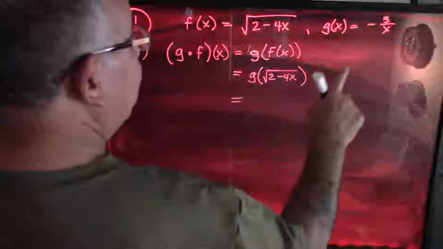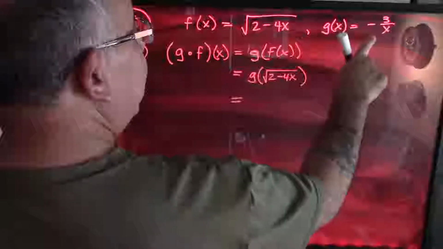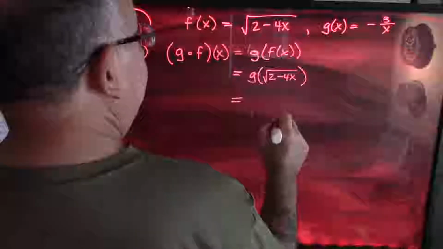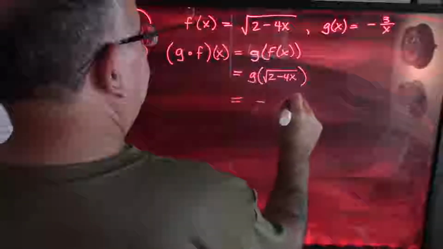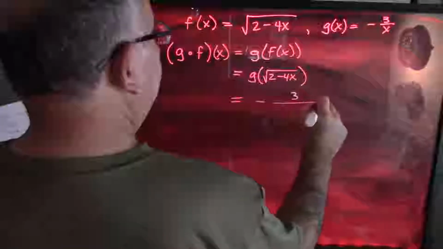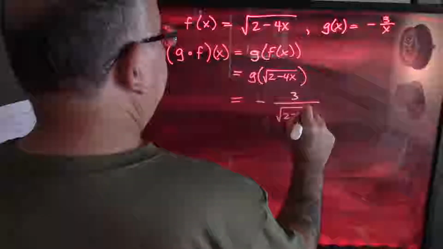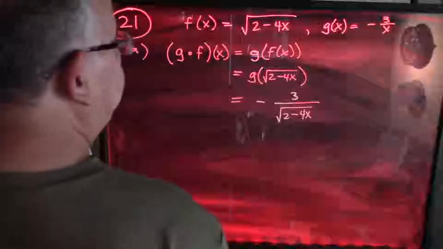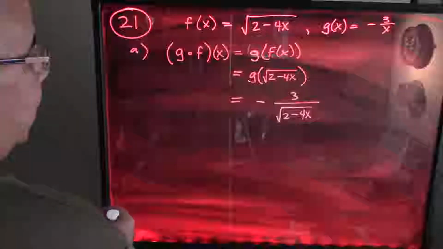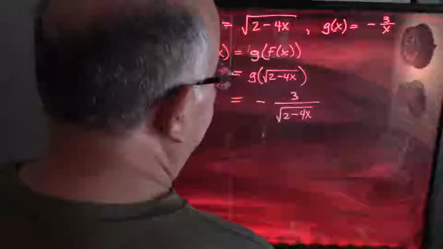Okay, and that's equal to, plug this into the x there, negative 3 over square root of 2 minus 4x. And that's about all we can do here.